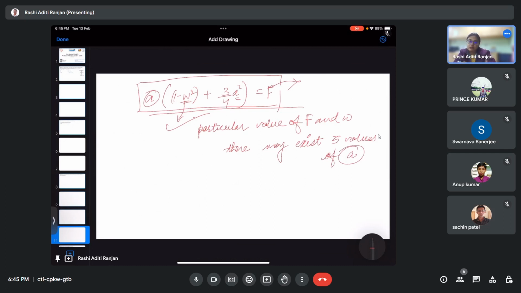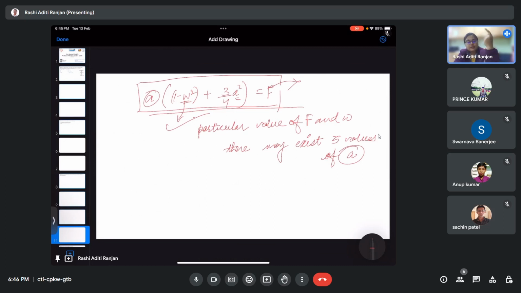What does this mean? This means that if my f and omega are both the same, it may happen that, depending upon some other parameter, the amplitude by which the system is oscillating can have three different values.